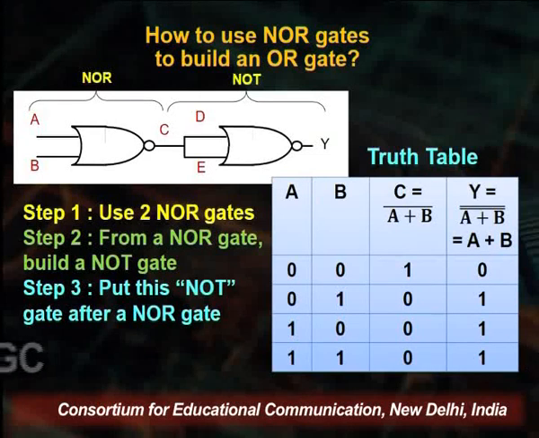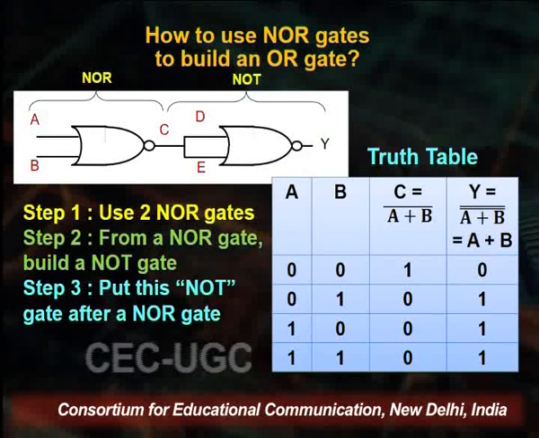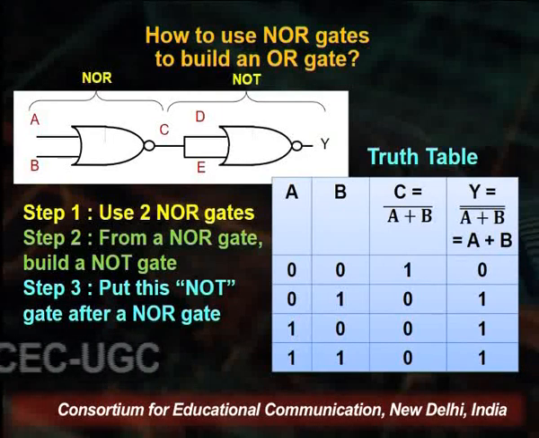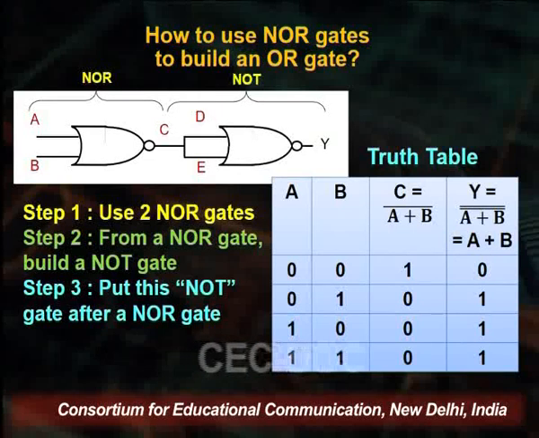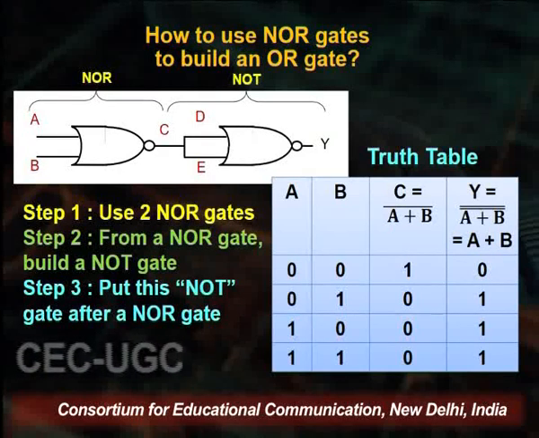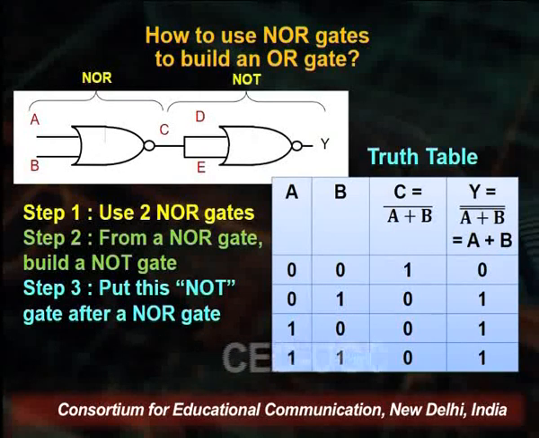When A is equal to 0 and B is equal to 1, then C comes out to be equal to 0 because it is a NOR gate, and when this is fed to the NOR gate configured as a NOT gate, the output comes out to be equal to 1. Again, the same thing happens for the 1 0 input combination. When A is equal to 1 and B is equal to 0, then C comes out to be equal to 0, and hence the final output comes out to be equal to 1.